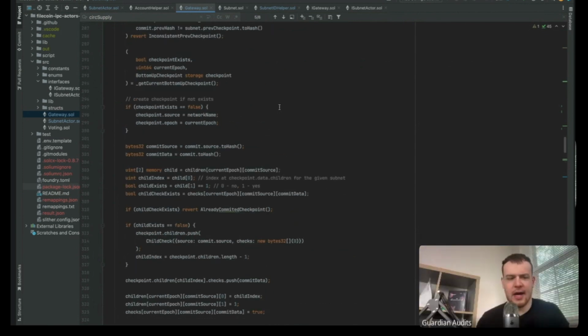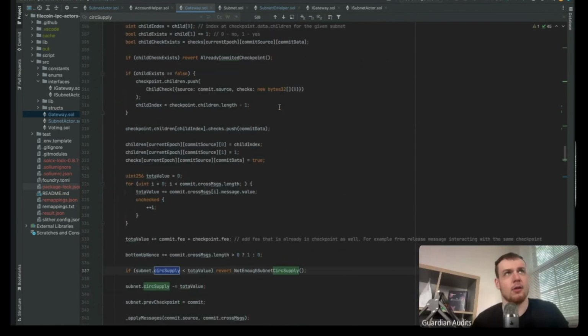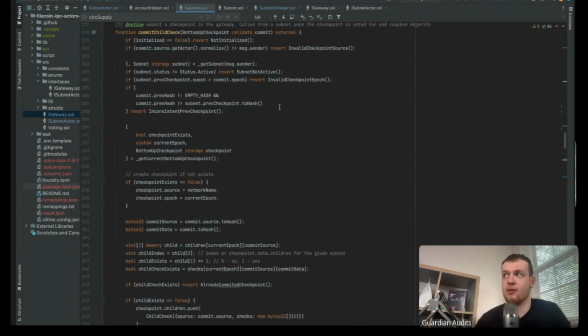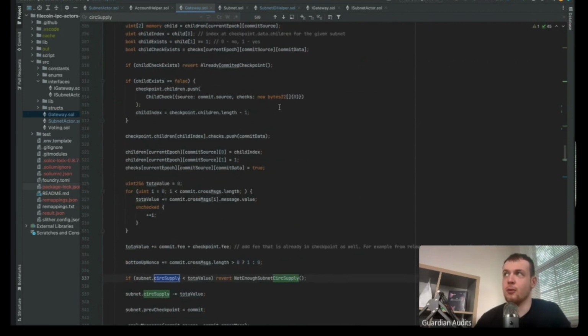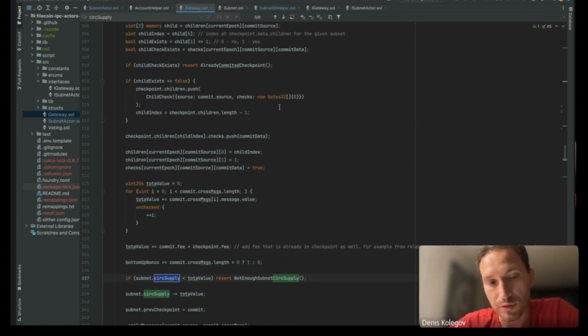So is it accurate to say that the total amount of native tokens in the system is limited to the amount of native tokens sent to the gateway contract on the root? In other words, does every circulating supply in a subnet correspond to an ether on the root network?